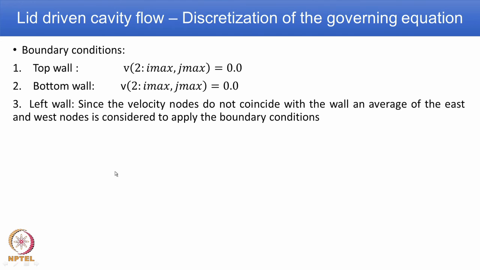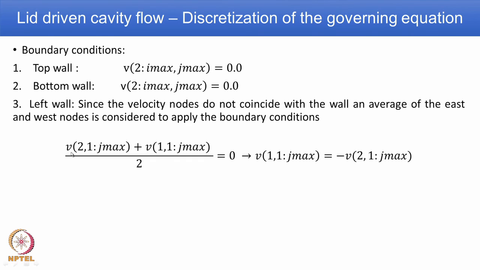Left side wall: since the velocity nodes do not coincide with the wall, an average of the east and west nodes is considered to apply the boundary condition. So, V at i equal to 2 for j from 1 to j max, plus V at i equal to 1 for j from 1 to j max, divided by 2, equals 0, and if you rearrange you get the expression as shown here.